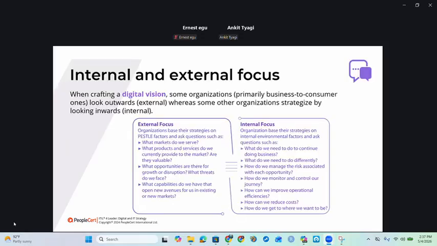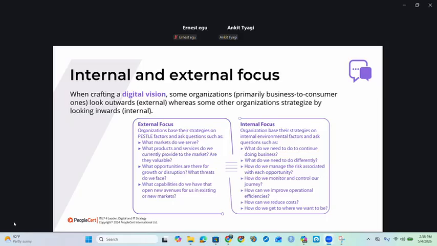Internal and external. They say when crafting a digital vision, some organizations, primarily business-to-customer ones, look outwards at external factors, whereas some other organizations strategize by looking inwards. When they talk about the external focus, any external factors that are influencing the organization is what an organization can focus on.